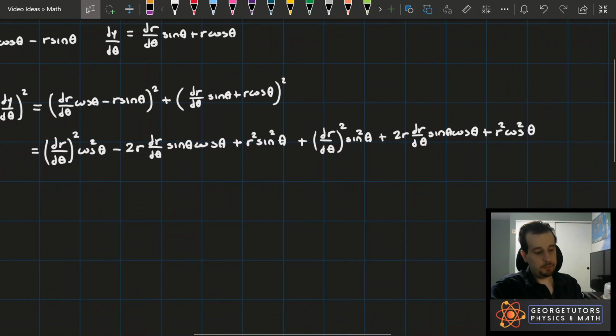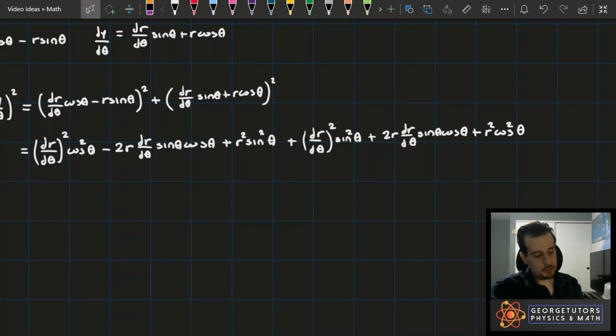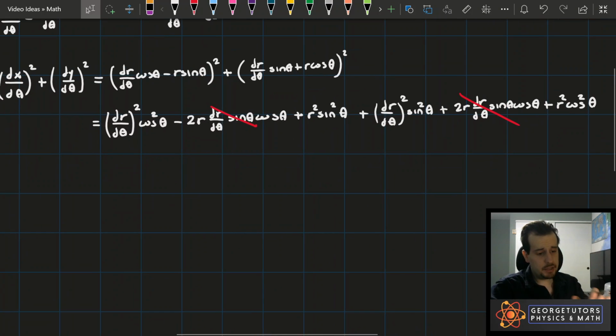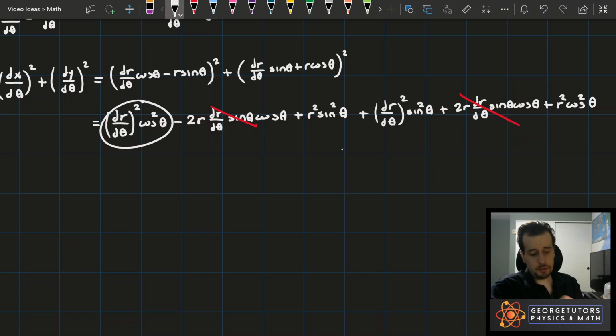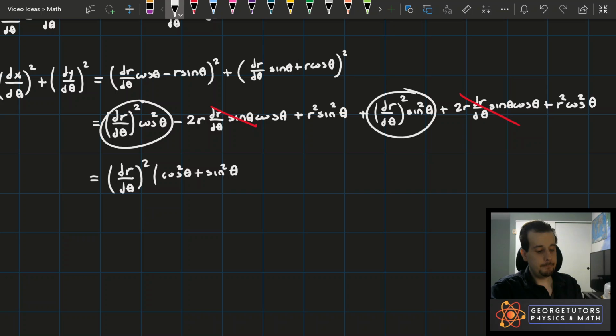So let's take a look. Immediately here I see a cross term canceling right here. So that big boy goes away. And we can see that I can do a little bit of factoring here because these carry the same derivative. So I can pull this derivative right now, factor it basically, and be left with cos squared theta plus sine squared theta.